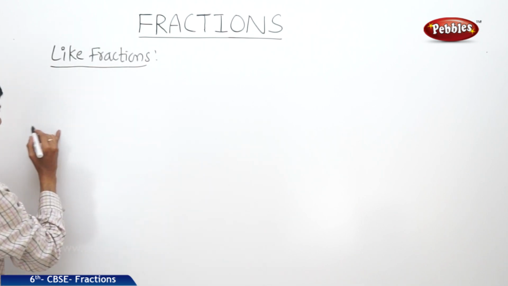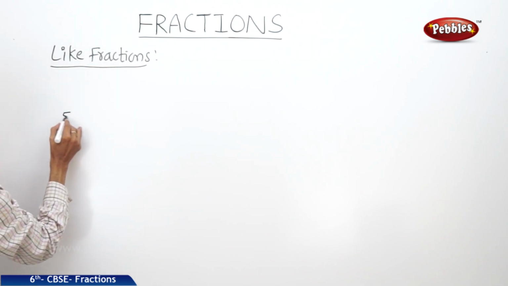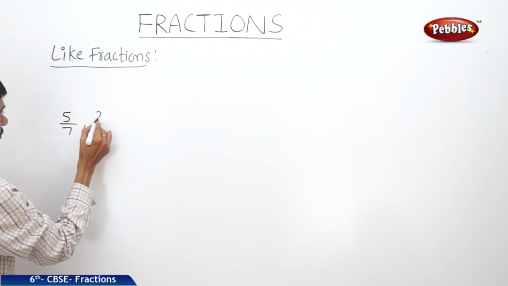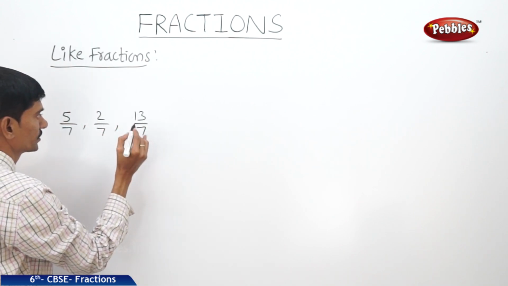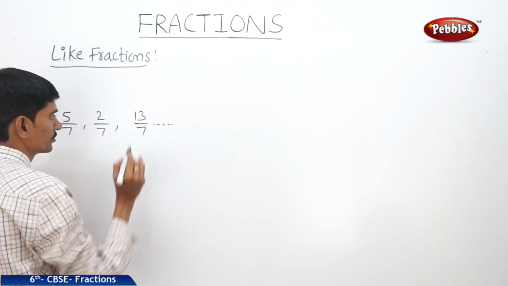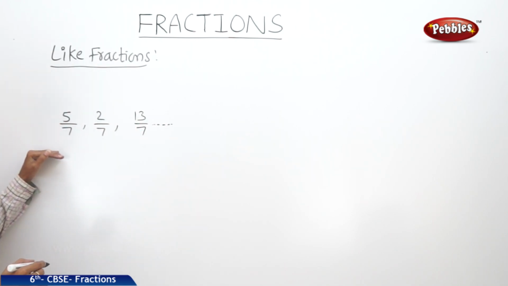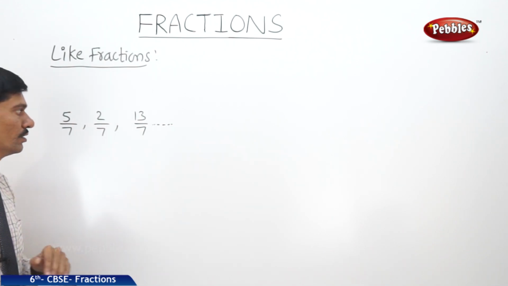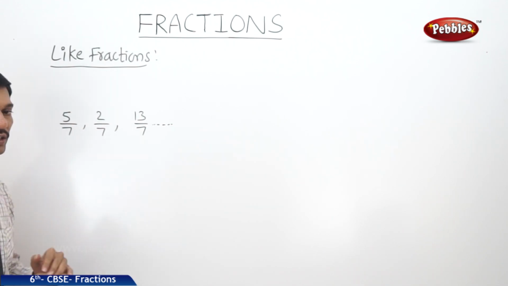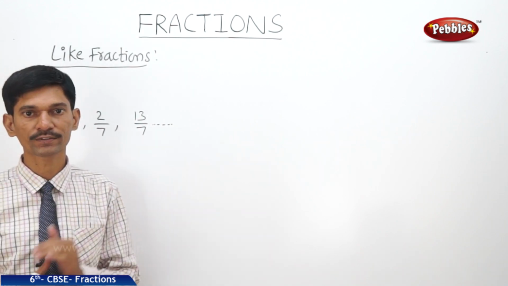Now if you observe the fractions 5 by 7, 2 by 7, 13 by 7, and so on, in all these fractions we can observe one common thing, that their denominators are equal.